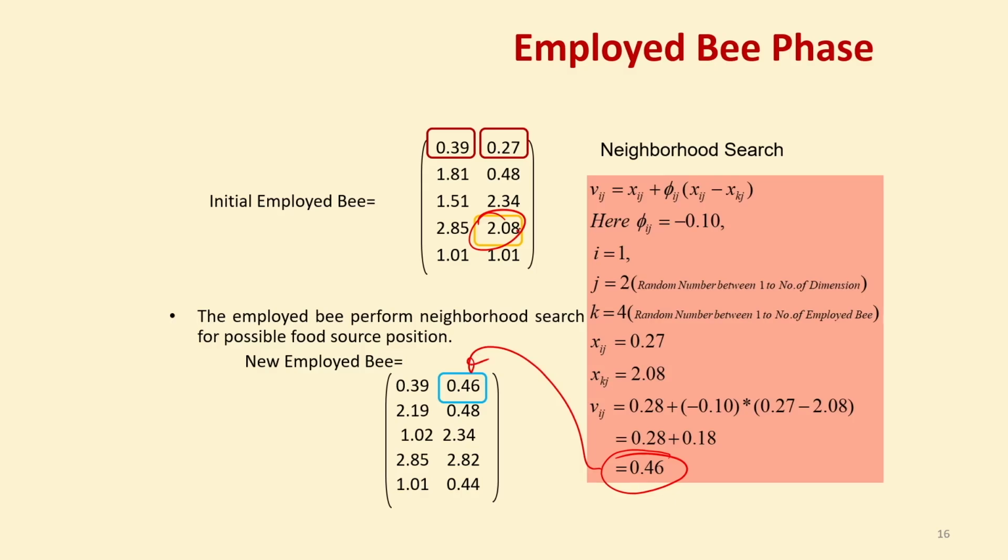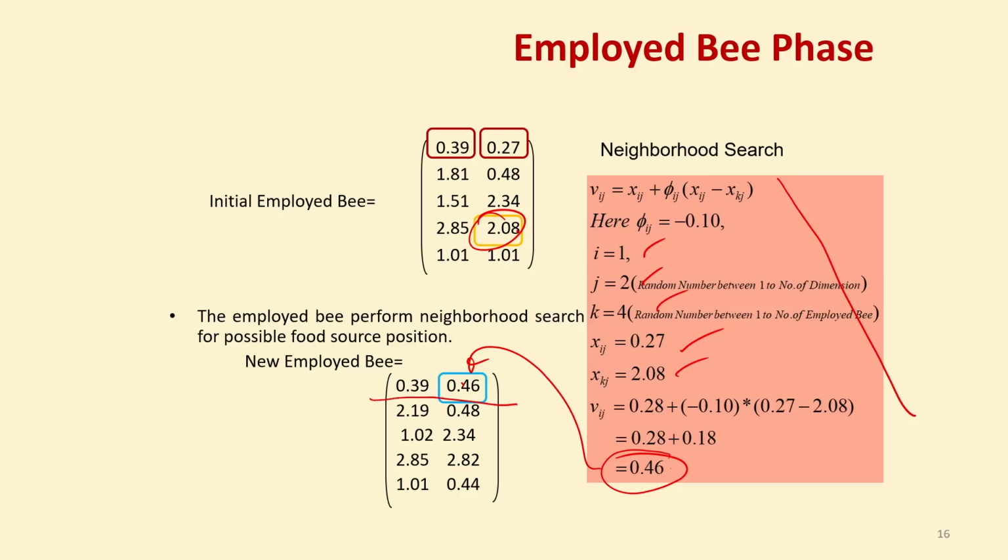So with the help of this 0.208, that means by means of neighborhood search, that has been taken and this formula is applied. See, j equal to 1, j equal to 2, k equal to 4, xij 0.27 and 2 xkj, that is the random selection of the initial for which the Vij has been taken. So this value has been updated. Now the new value is 0.392 0.1.